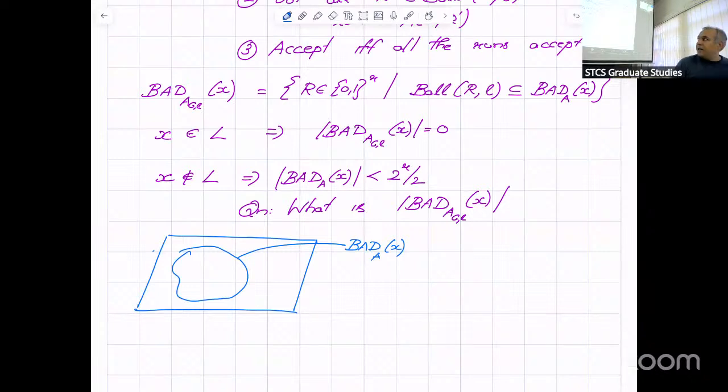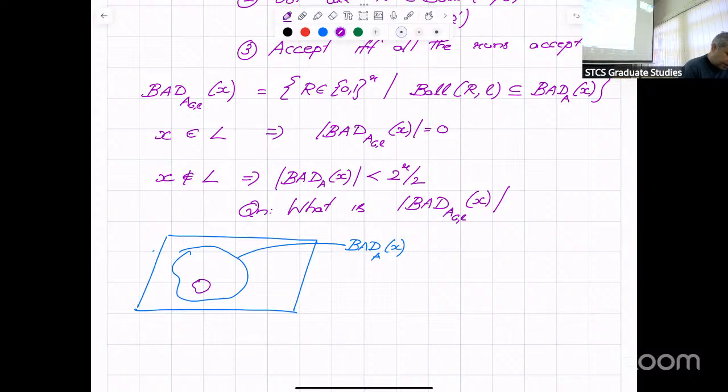So this is bad AX. That's the original picture. Now, what should we have? This should be bad AGL of X. It has to be contained in bad AX, certainly. I'm claiming not only is it contained, its neighborhood should also be contained, because otherwise, with steps of one, the ball goes outside.